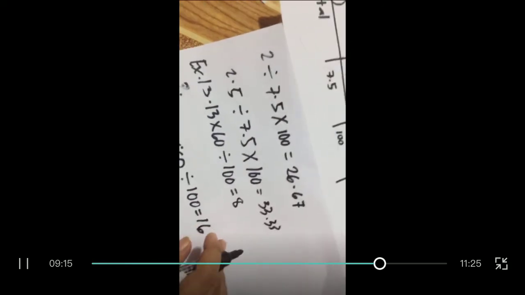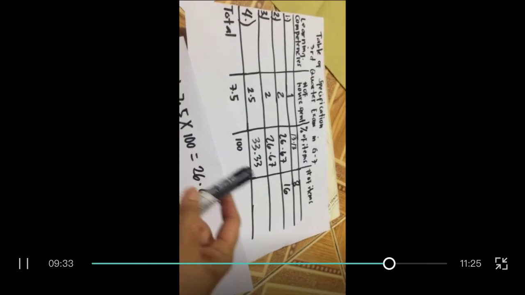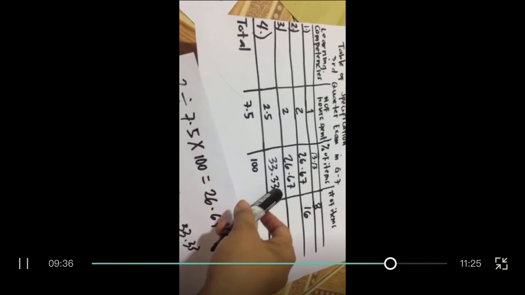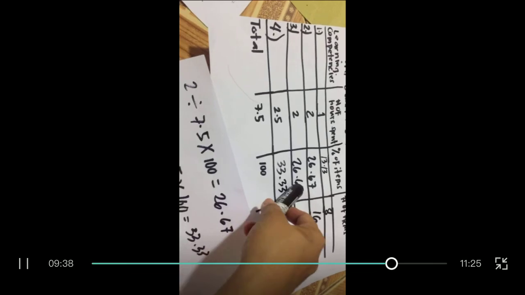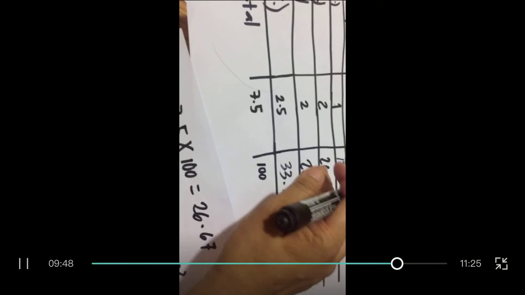So our number of items is 16. The same process applies to number 3, which is also 26.67, so we put the number of items as 16 also, because it has the same percent of items.